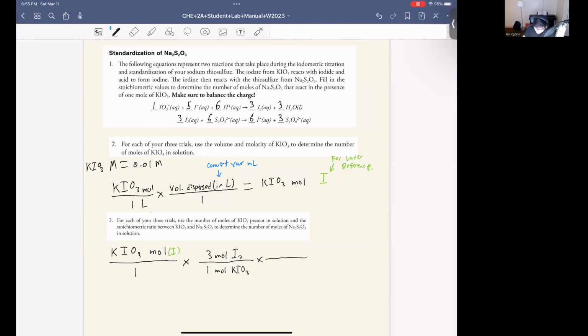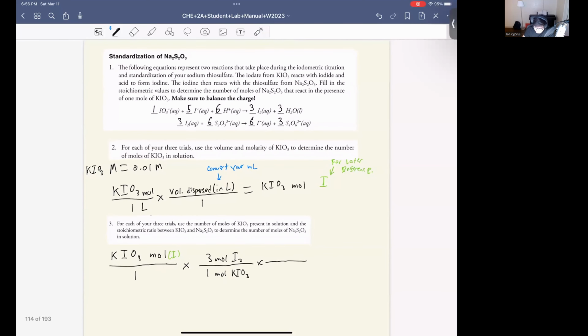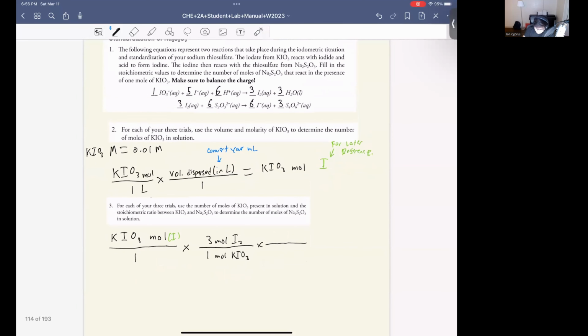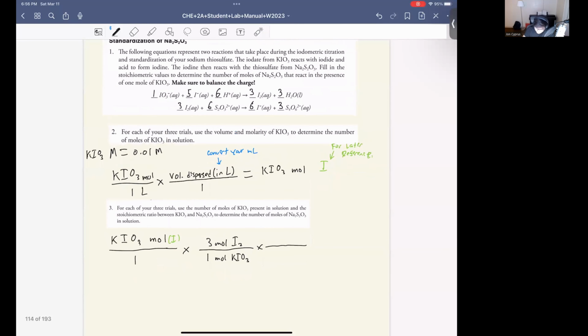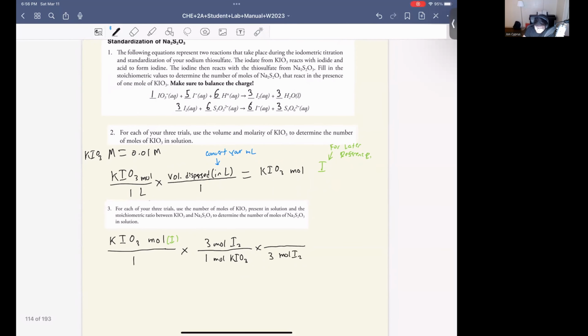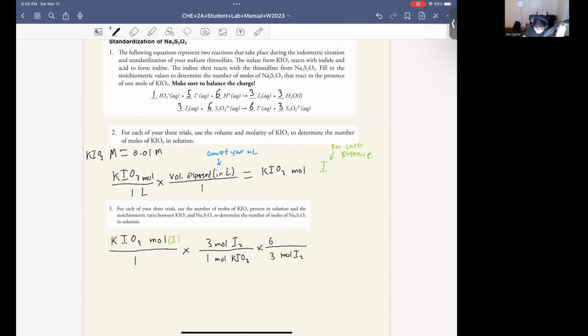And then for every 3 moles of iodine, I get 6 moles of thiosulfate. Then you can convert this again, since these are in a 1-to-1 ratio.